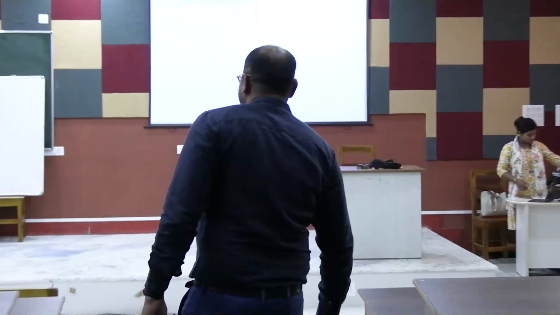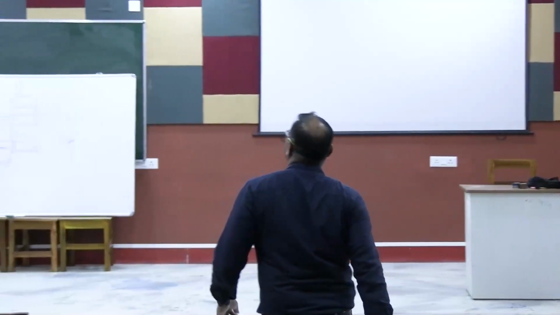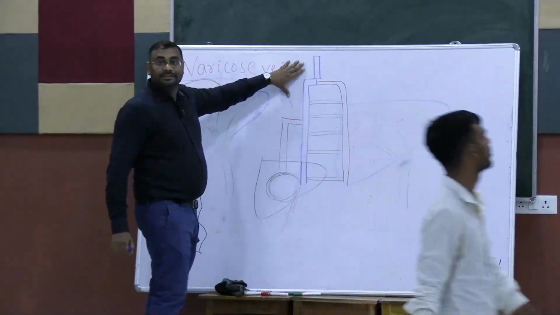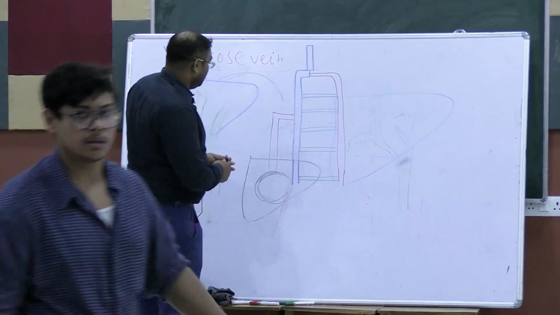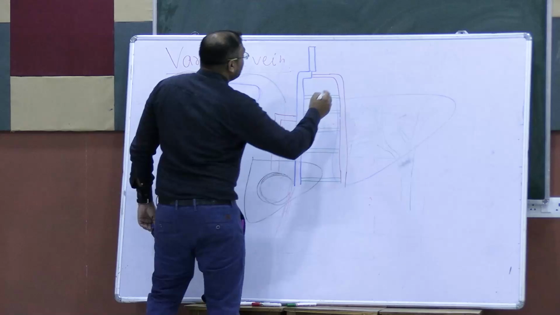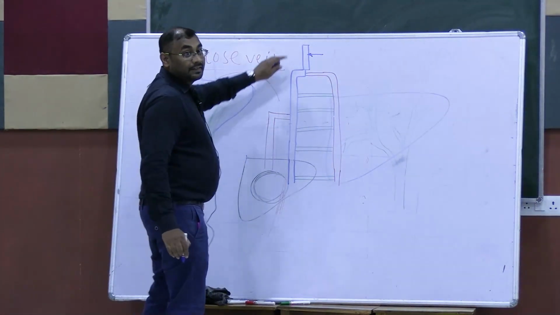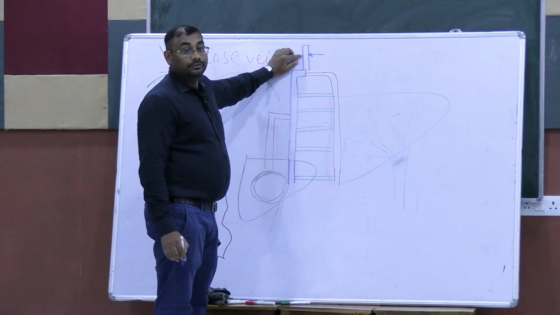So before understanding the varicose vein, we'll understand a bit about the venous anatomy. So I hope this is visible, okay. So this is what? External iliac vein.